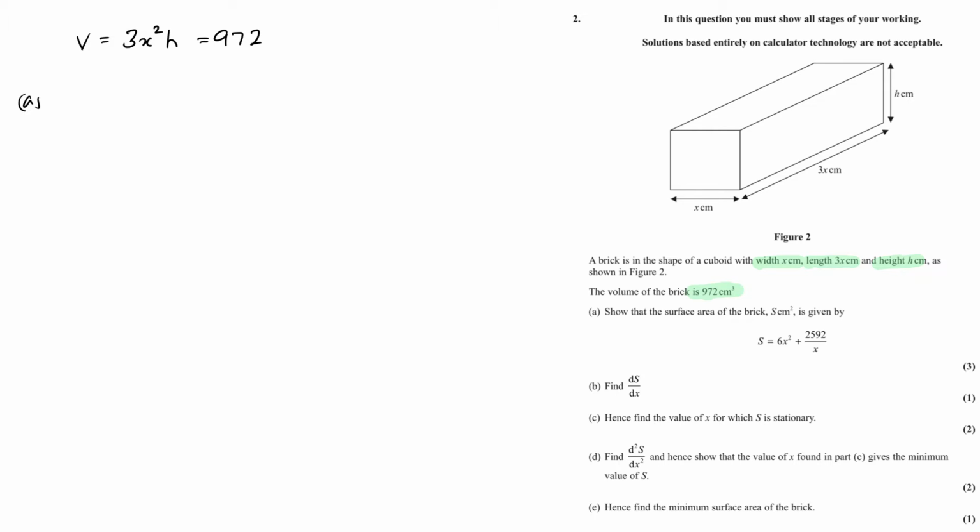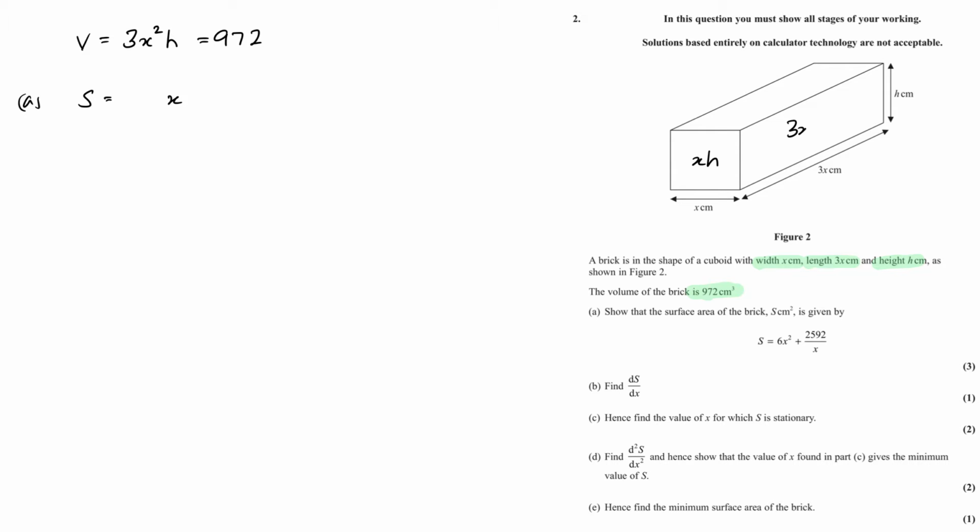Let's look at what it says for part A. Show that the surface area of the brick is given by this formula. Right, so surface area, they're using S, so let's just use S. So we've got essentially each part. Like this face is x times by the height here. So it's xh.